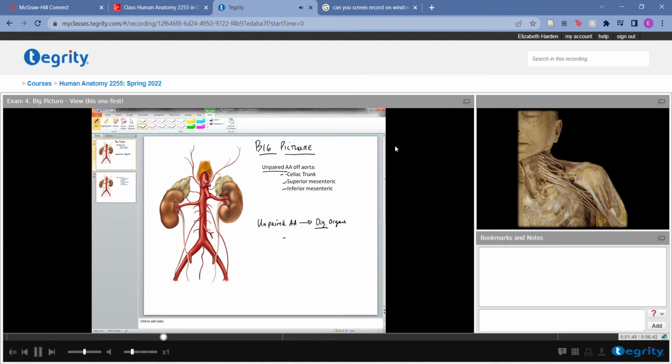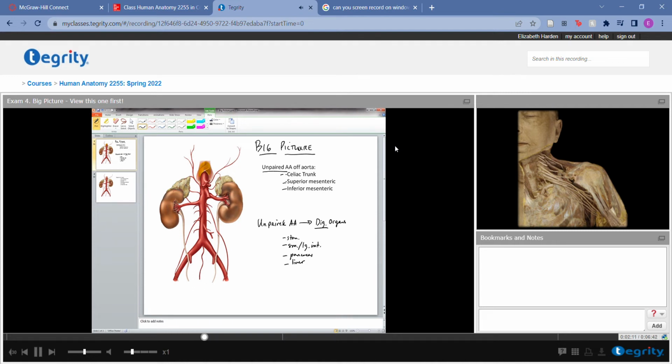So for example, the stomach, the small and the large intestines, associated structures with digestion like the pancreas, the liver, etc. So anything that has to do directly with digestion, or as an accessory digestive organ, is basically going to be supplied by a branch off of one of these three unpaired arteries.